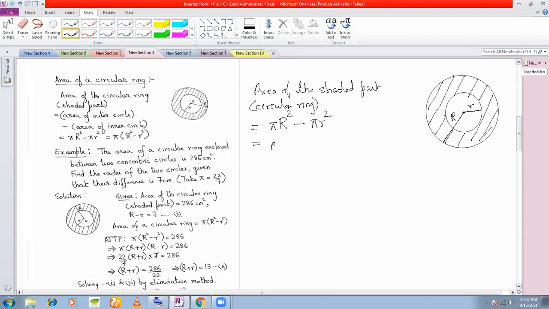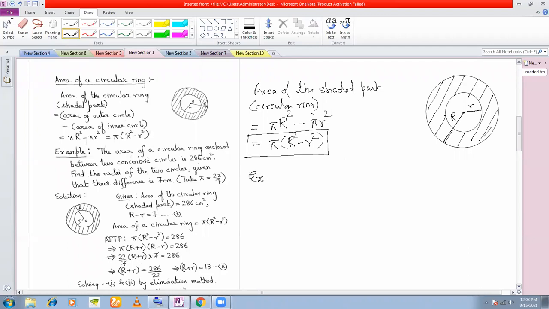Now if you take pi common, you get pi times R square minus r square. Now you remember this formula, okay? Area of a circular ring is pi times R square minus r square. With the help of this formula, we are going to work out the problems.